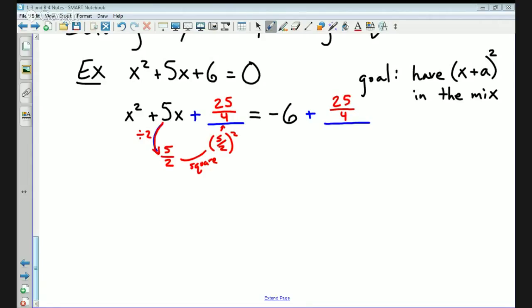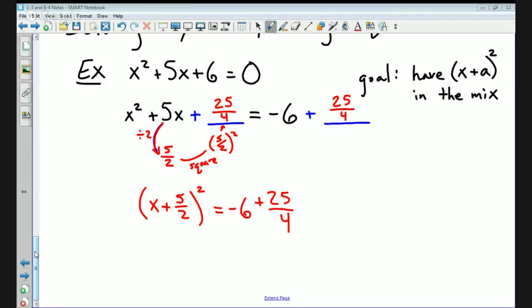Now this number, 25/4, is the number I need to add in to complete the square, which will allow me to write this equation now as x plus 5/2 quantity squared equals -6 plus 25/4, and I'll deal with that here in a moment. And I've completed the square.